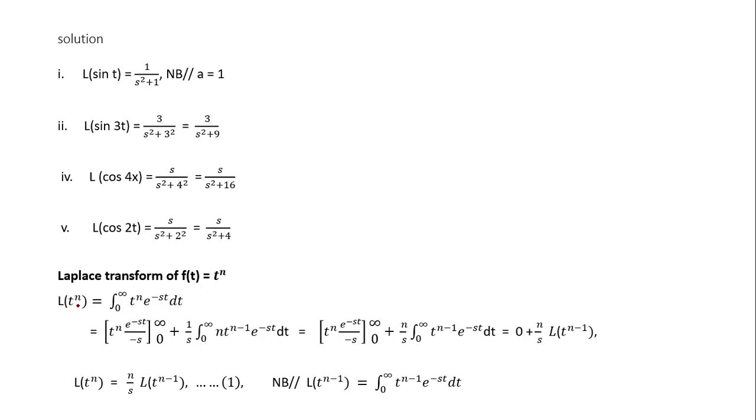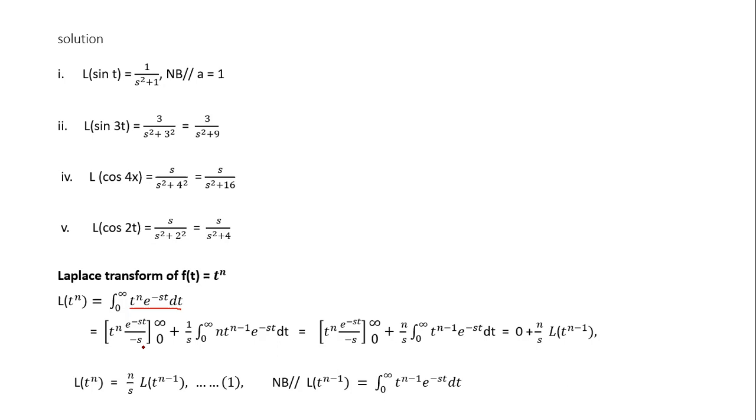So Laplace of t power n now becomes the integral from 0 to infinity of t power n multiplied by the transformer, which is exponential negative st dt. So here we have to apply integration by parts, because we have t power n multiplied by a term with also t. So I won't waste my time here.